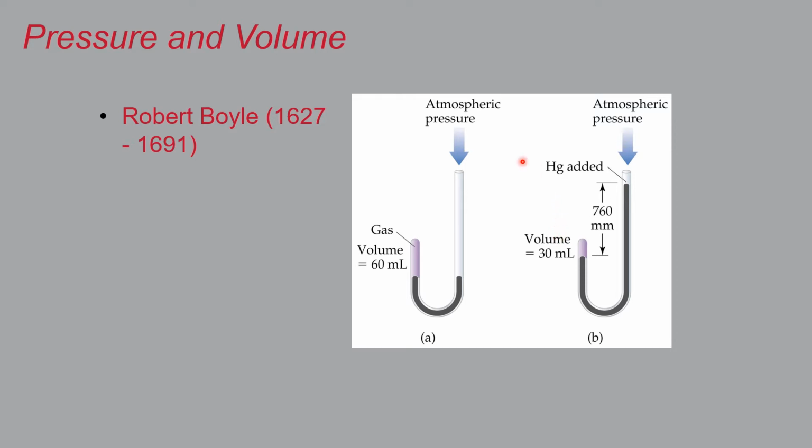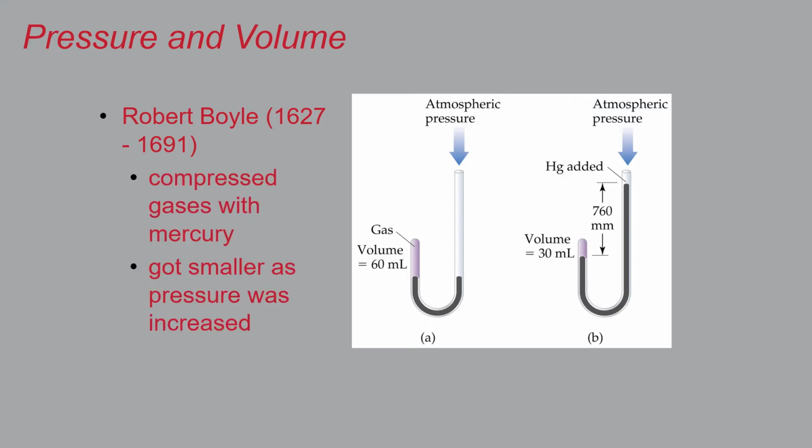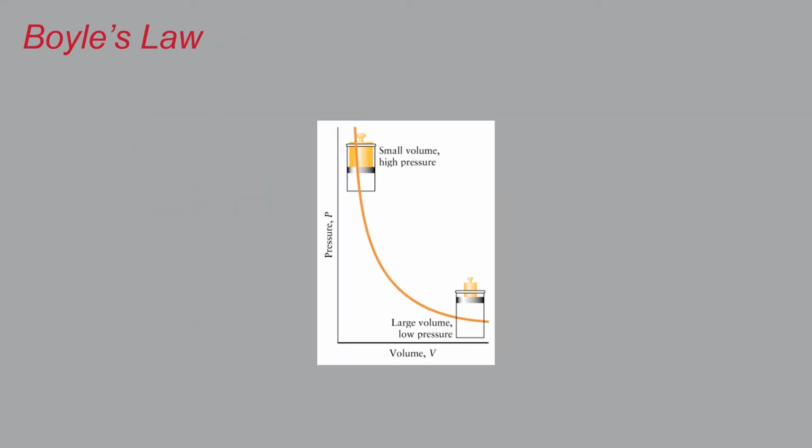And what you find is that we doubled the pressure and the volume went down by a factor of 2. And found that this was a fairly quantifiable relationship, that the volume got smaller as the pressure was increased. And if you plotted it out, you always got something like this.